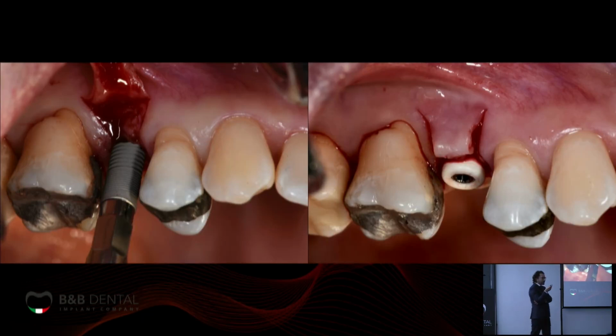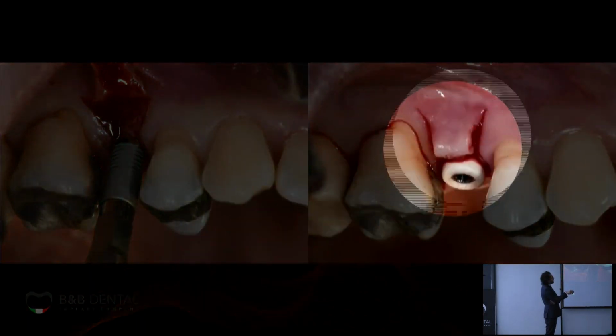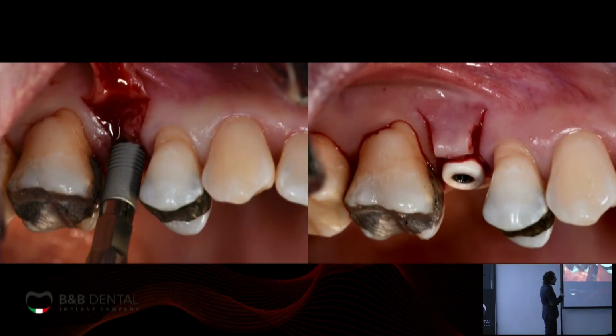This implant is 3.5, so we use the red coded expander that is 3.3 in diameter, but the implant is still 3.5, so it's going to make further osseodensification on site. That's the reason why I've used, like in most of the cases actually, the healing abutment on the first surgery.